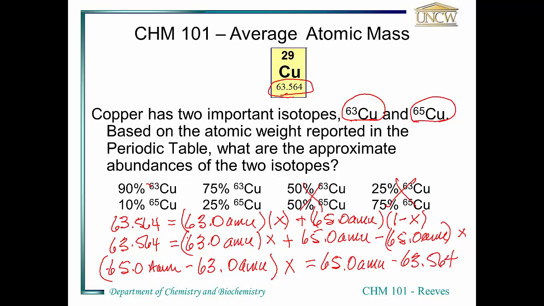If you do the arithmetic, that will give you X equal to 0.718. The sample is approximately 75% copper 63 and 25% copper 65.